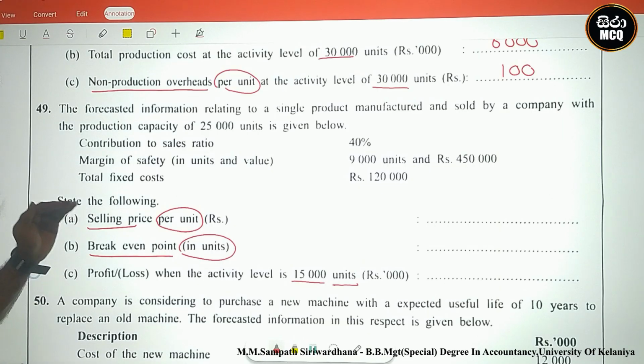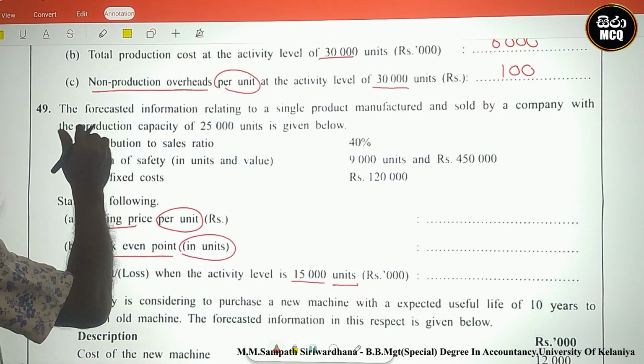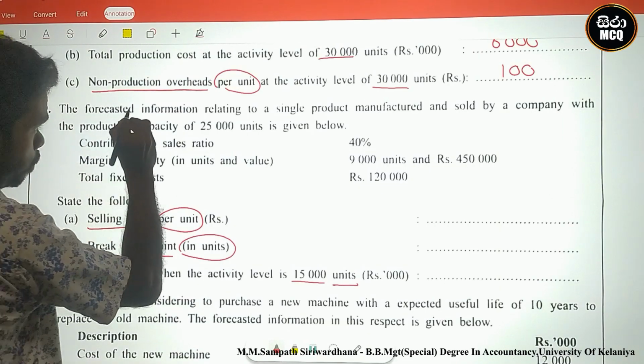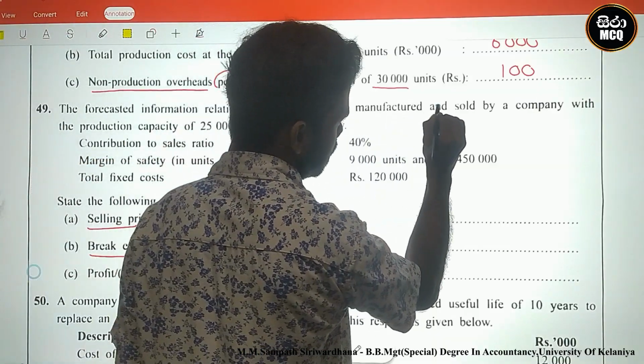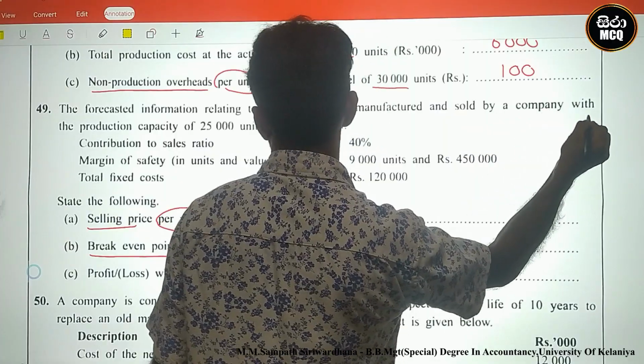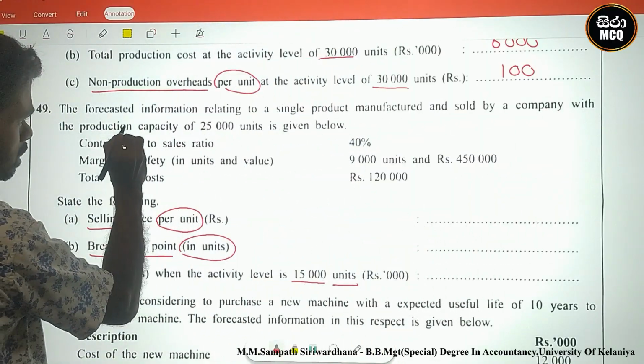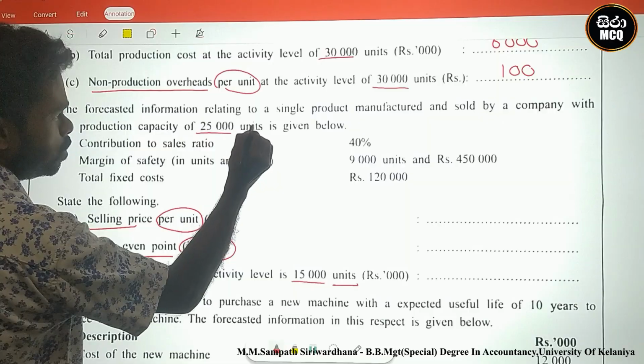Firstly, we identify the selling price. The forecasted information relates to a single product manufactured and sold by a company with a production capacity of 25,000 units.